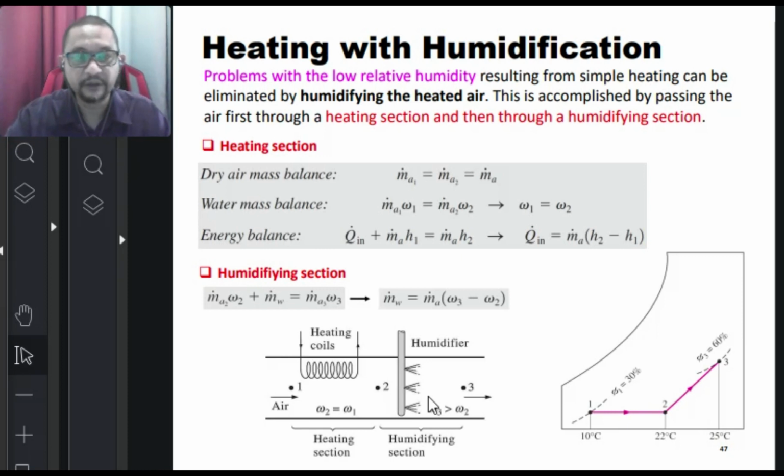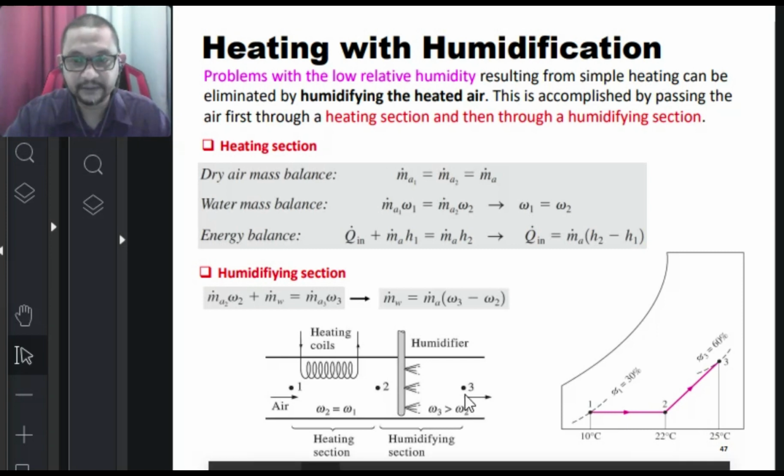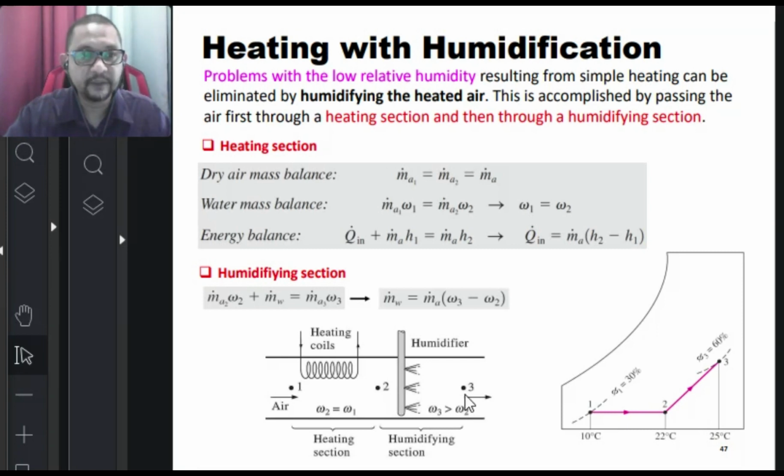Steam is hot water, so it will increase temperature 3. If we spray water, not steam, the latent heat of vaporization comes from the air and results in cooling of the heated airstream.